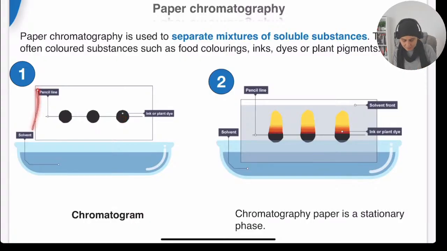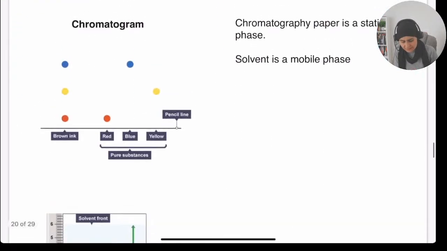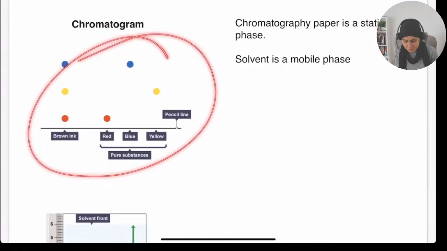Immerse this into the solvent. The solvent will move up, and depending on how well your components are soluble in the solvent and how well they stick to the paper, they would travel to a different distance. The solvent would take the mixture components up with it, and you will end up with a chromatogram.